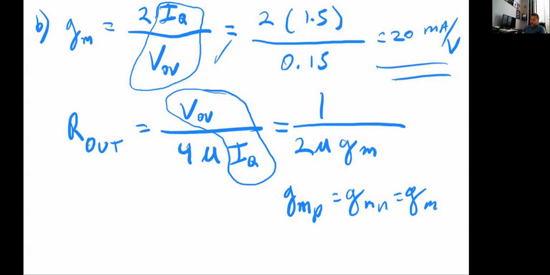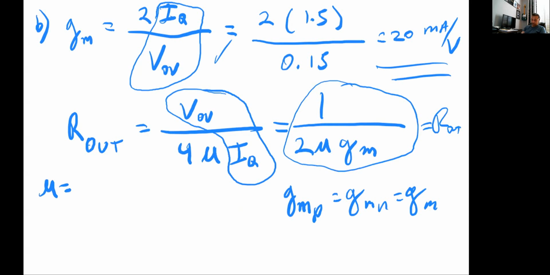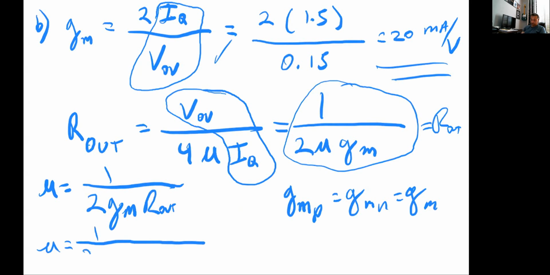So using this equation over here, so that's equal to R out, then we can derive mu, and that is going to be equal to 2 GM R out, and we have all those quantities, so that's going to be equal to 2 times 20 times 10 to the minus 3, because we have milliamps per volt.